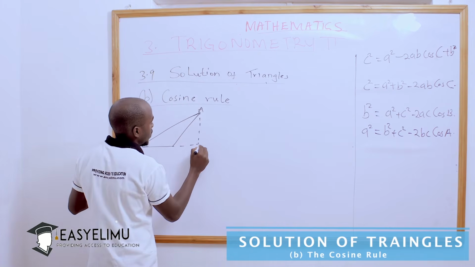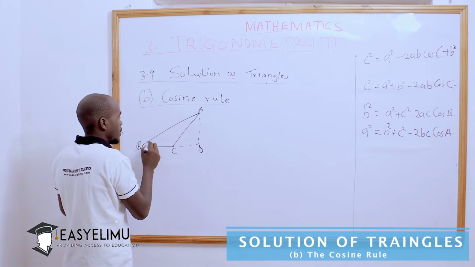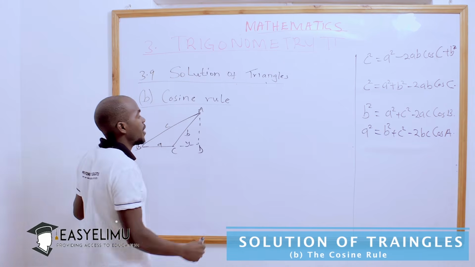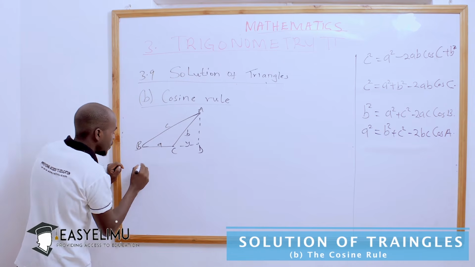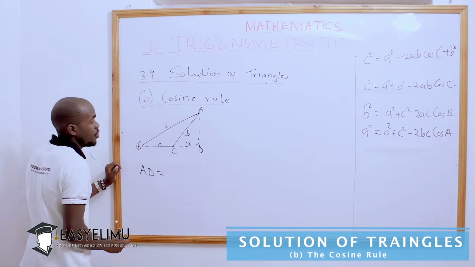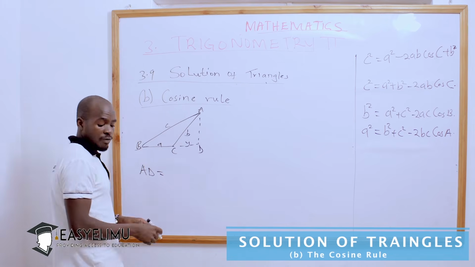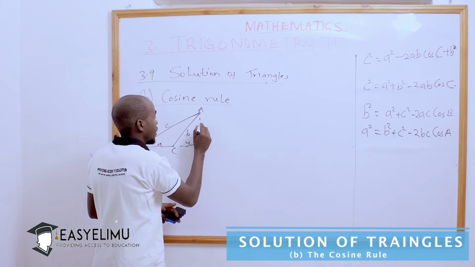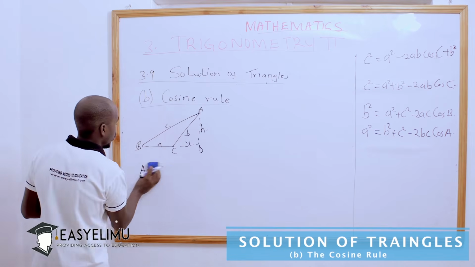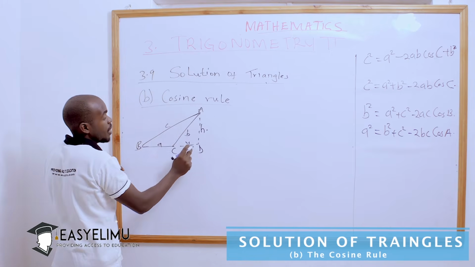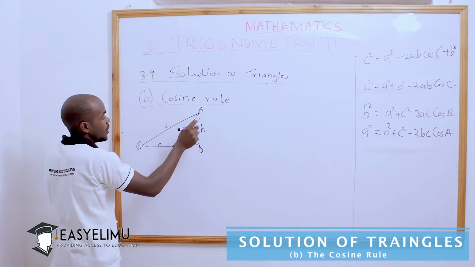Having this triangle as A, D, C, B with C, D, Y, let's first not find AD; let's just assign it as the height. So if we need C squared using the Pythagoras theorem, I'm taking triangle ABD.